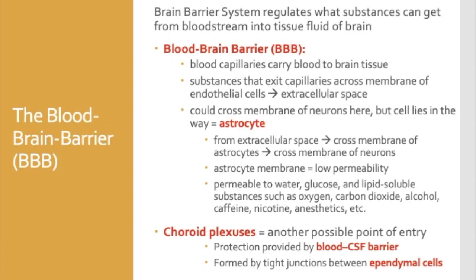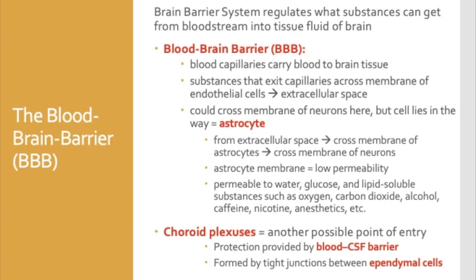And that brings us to a discussion of the barriers that are in place around the brain to protect it. The blood-brain barrier, or the BBB, is the barrier that helps prevent substances that might be circulating in the blood from gaining entry to the neurons if they could harm those neurons in any way.